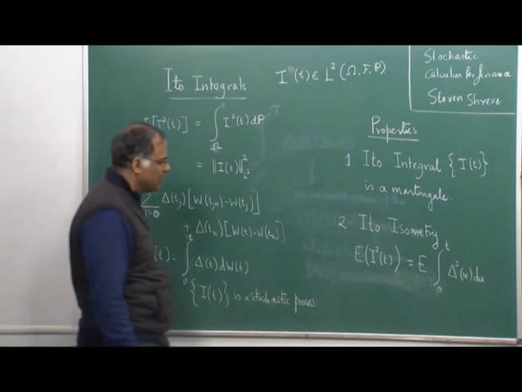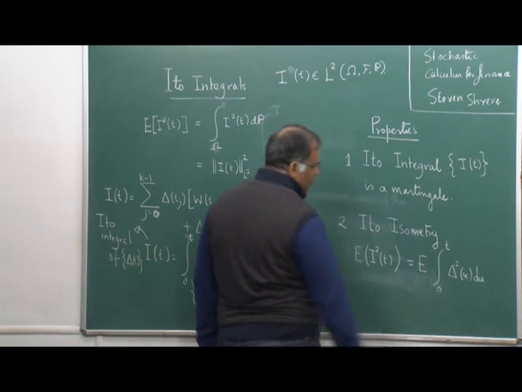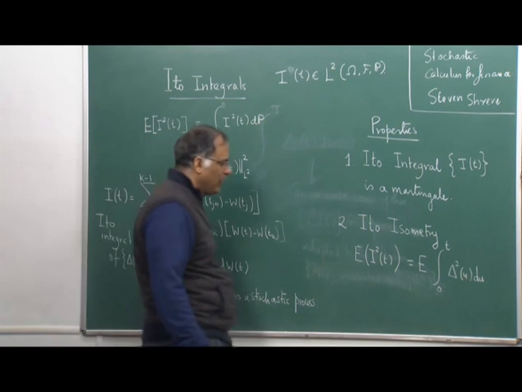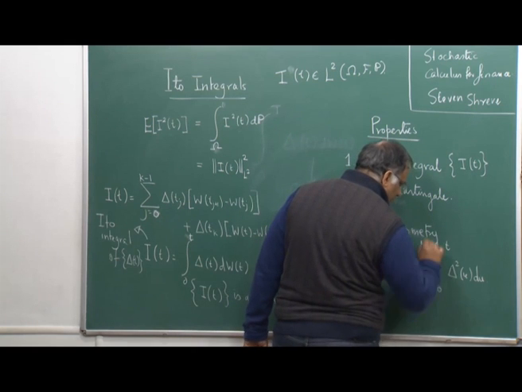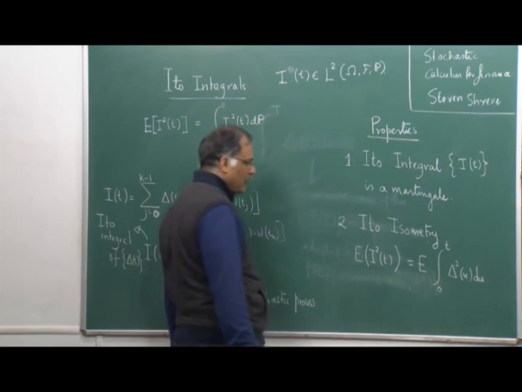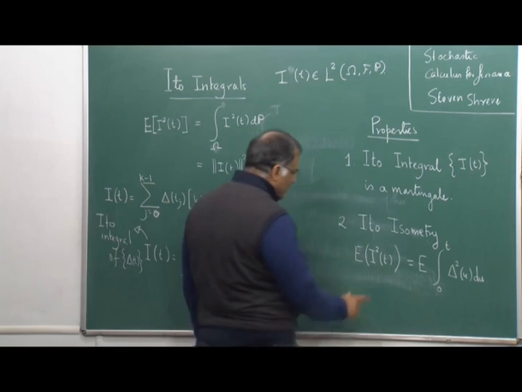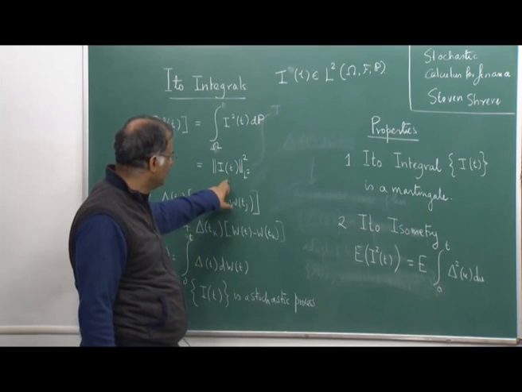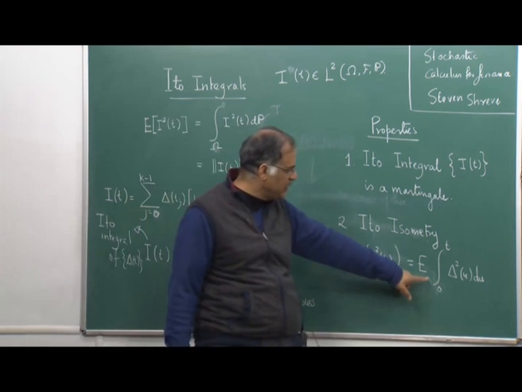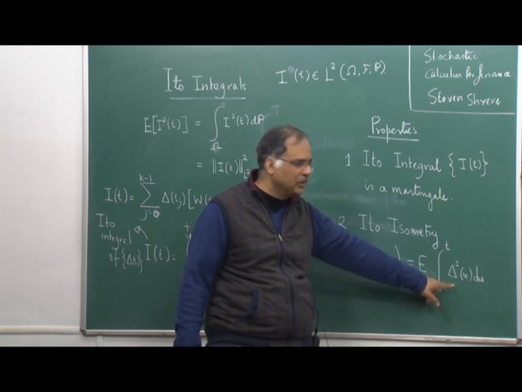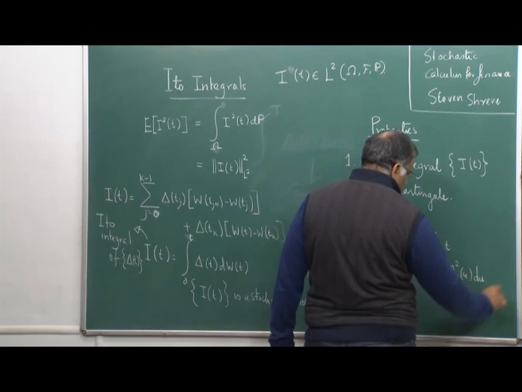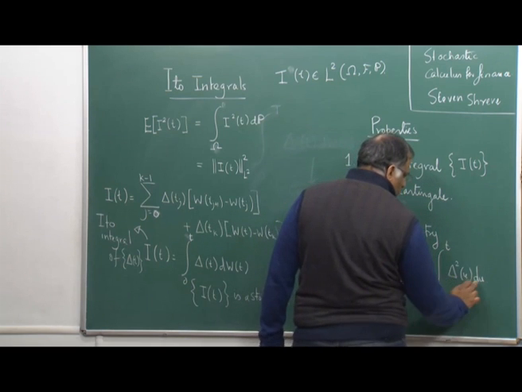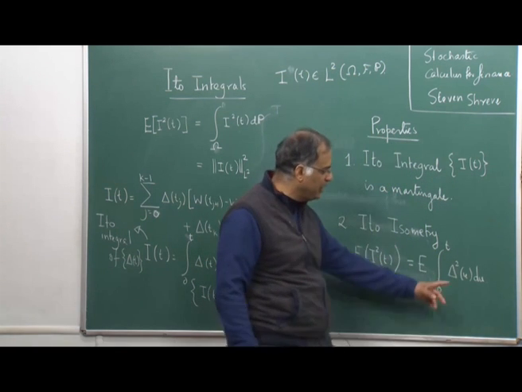And if you look at this, you are telling that the norm of this is nothing but the expected value of this integral. If you take the expected value of this integral, this is a standard Lebesgue integration.